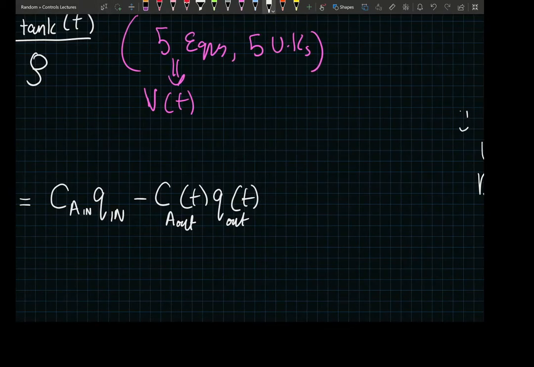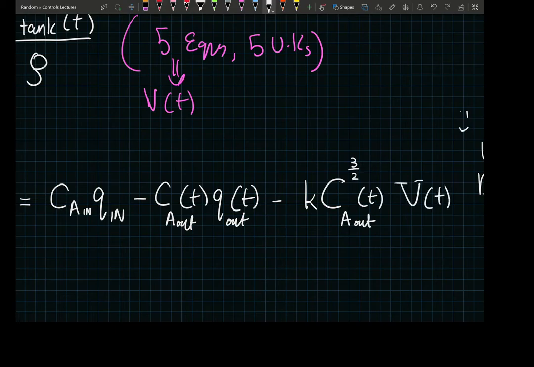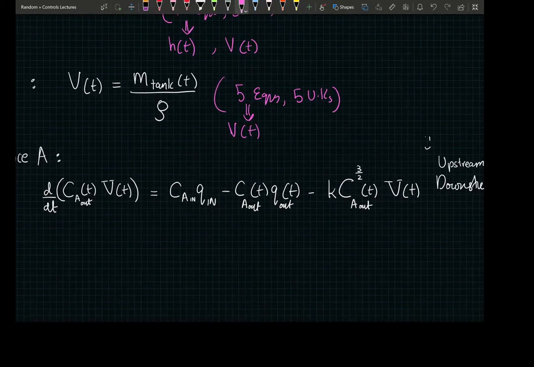Okay, all right. Inlet flow rate, outlet flow rate. Now we also need the kinetics term, k multiplied by, I remember my kinetics, the non-linear kinetics, multiplied by the volume inside the vessel. Okay, let's see.